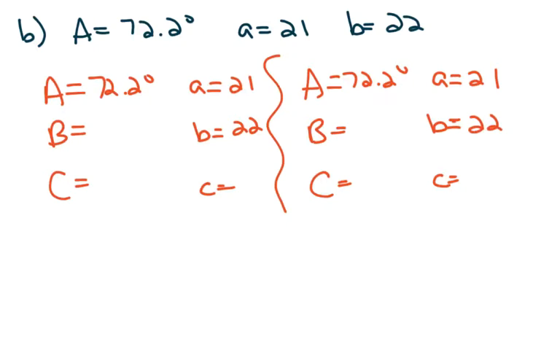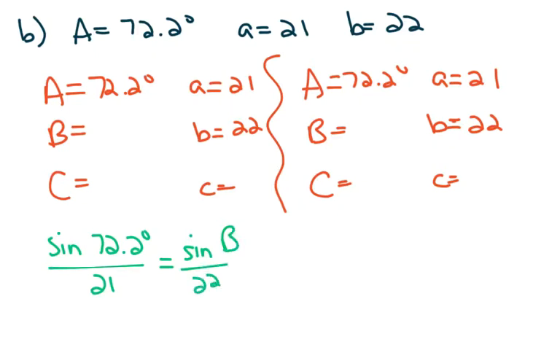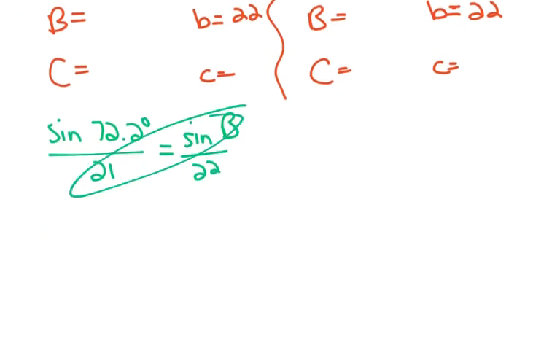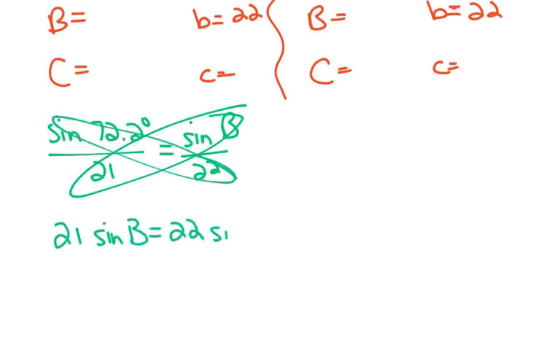So, same as before, the first thing we're going to do is find angle B. So the sine of 72.2 over 21 is equal to sine of angle B over 22. When I cross multiply, I get 21 sine of B is equal to 22 sine of 72.2.